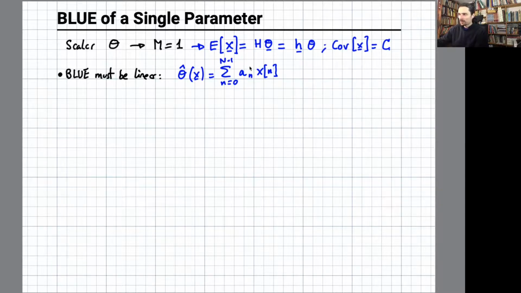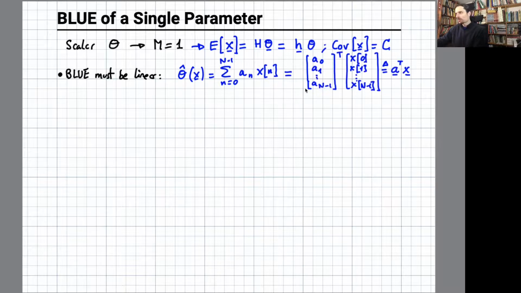So finding the BLUE estimator is equivalent to finding the coefficients a_n, okay? For convenience, we will be expressing this in vector form by stacking the a coefficients in this vector that we are going to denote by a, and the data samples in this vector x as usual, okay?